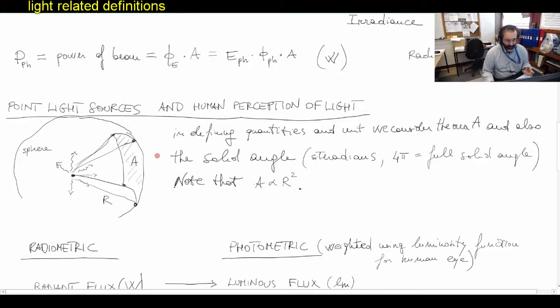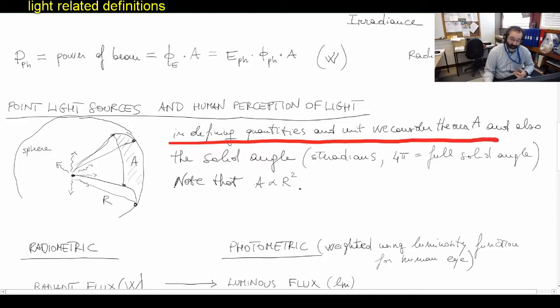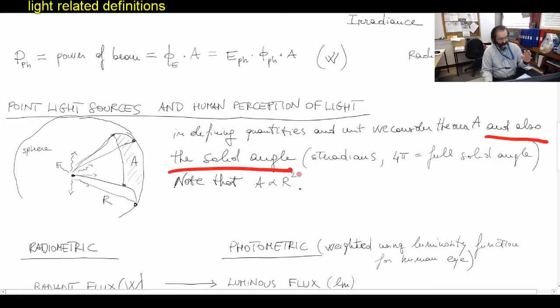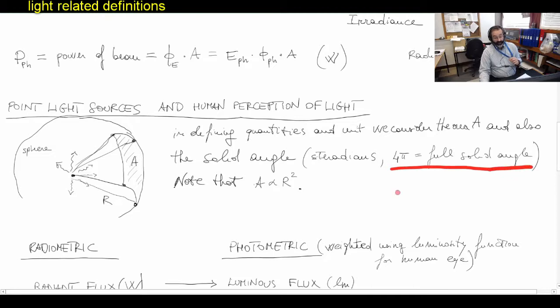In defining quantities and units, we consider both the area onto which the photons are falling, but it is also useful to use the solid angle. Remember, the solid angle is measured in steradians, and 4π is the full solid angle.